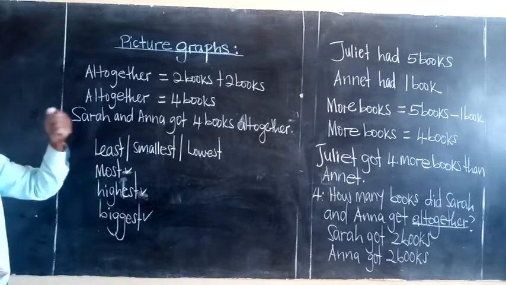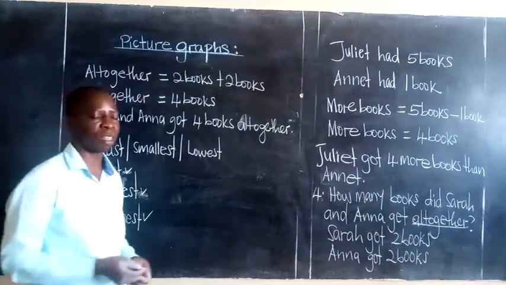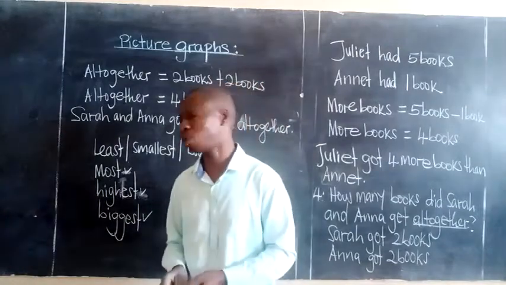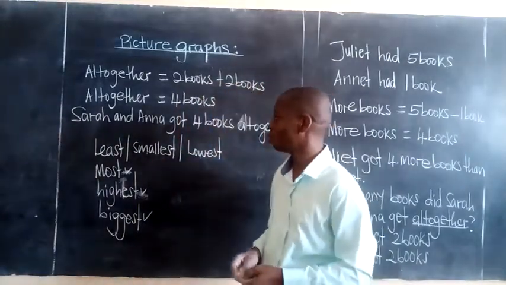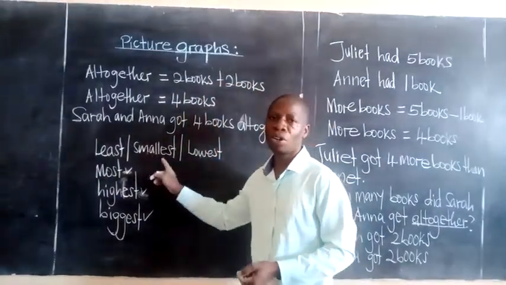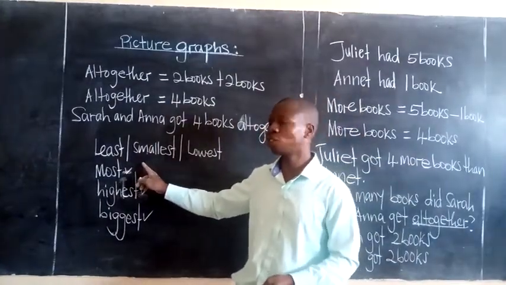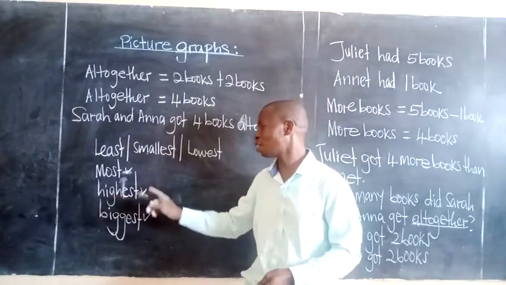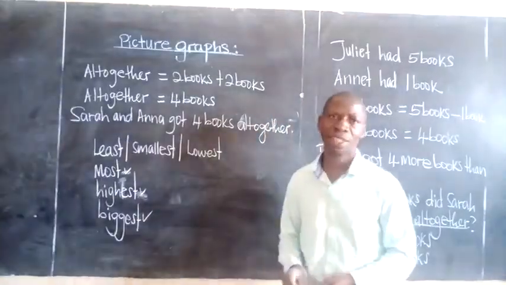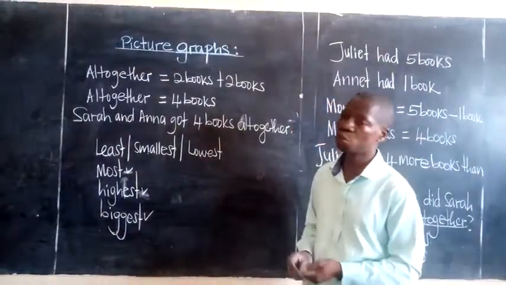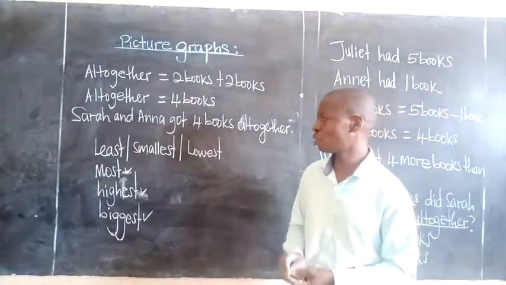When you go to P4, P5, you will also mix some other words there, maximum, minimum. But here in primary 3, we need to know only these terms. If they don't use the word most, they can use highest, biggest. They carry the same meaning. So you should take special note of those terms.